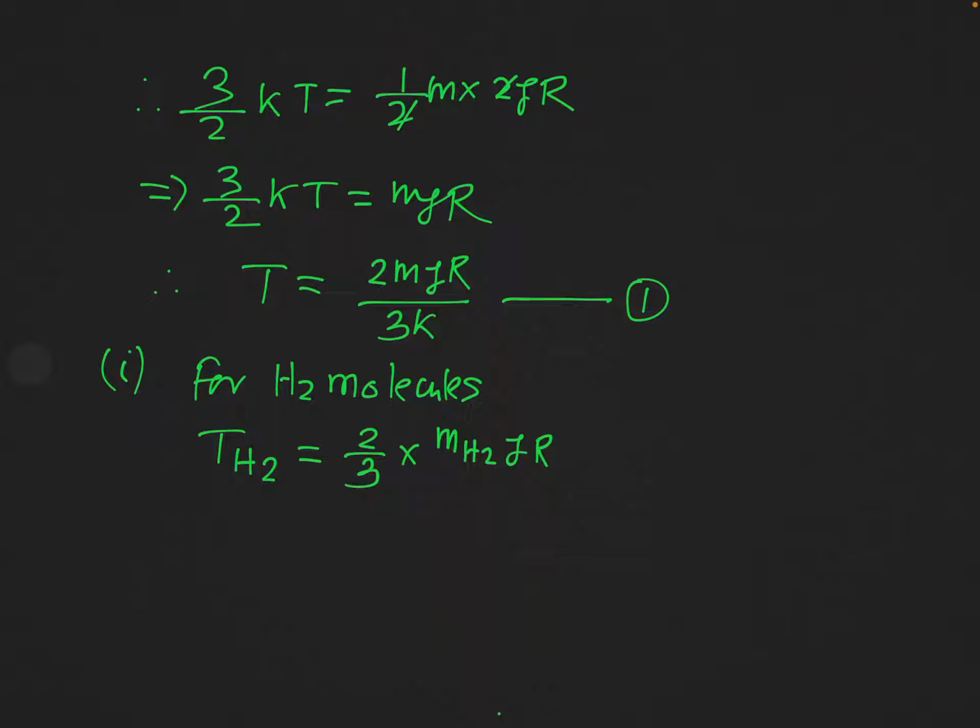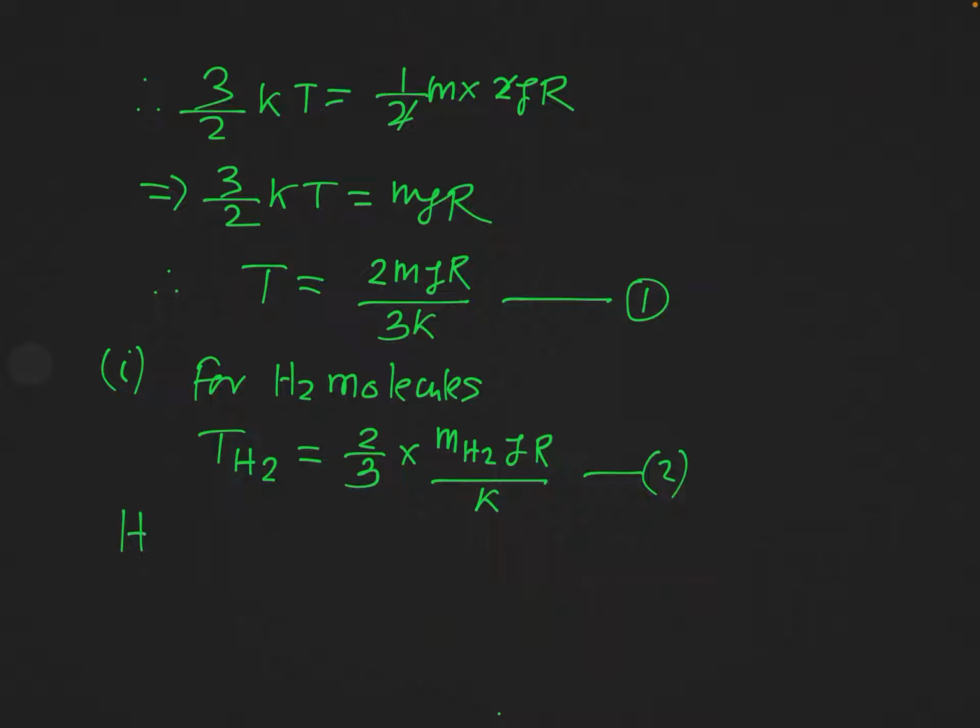And this K, the Boltzmann constant, is a universal constant. So only the mass is specific, and I have written it MH2. Now let us see the values of the different quantities on the right-hand side of this equation.